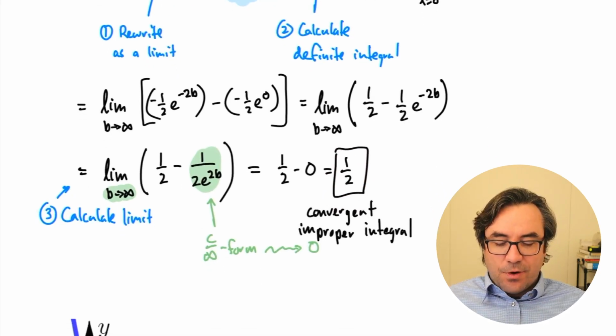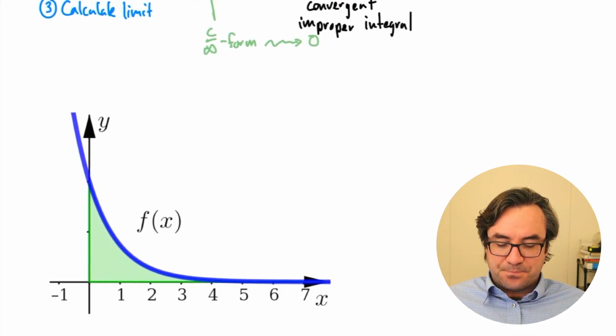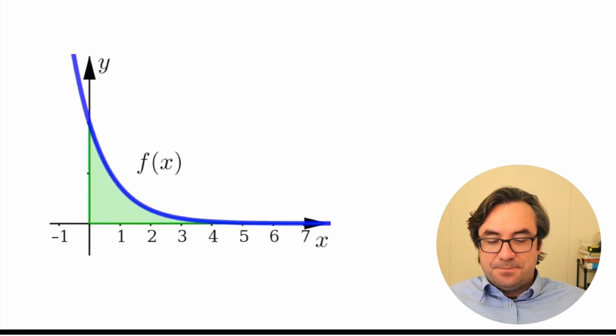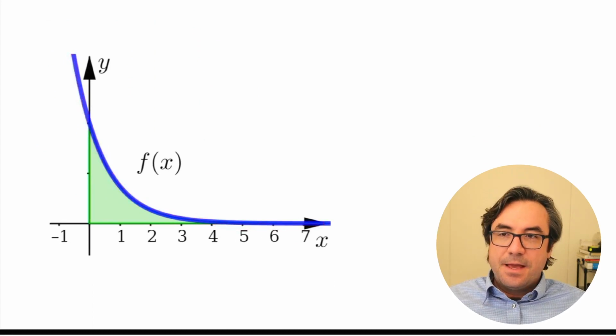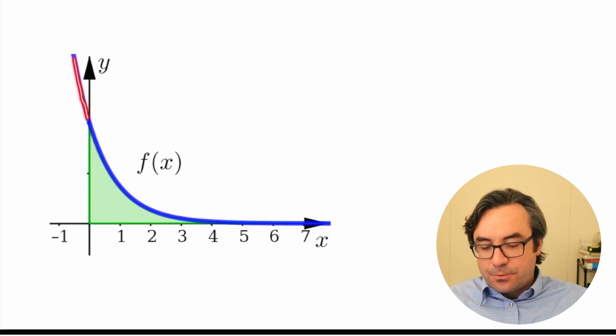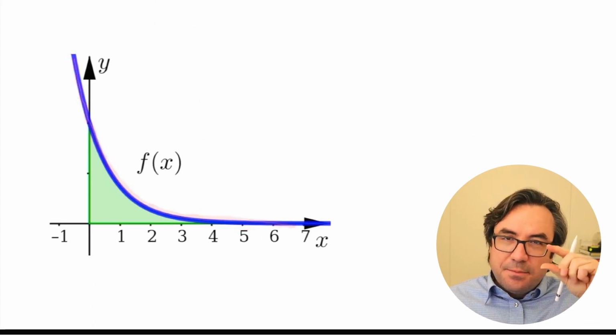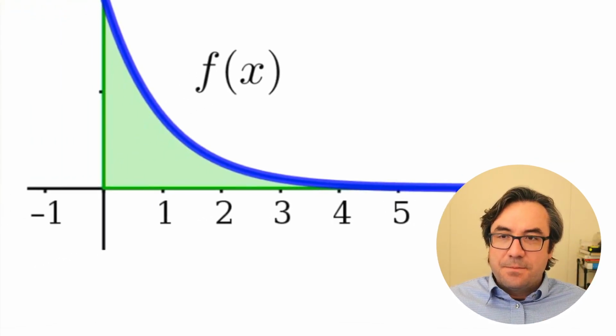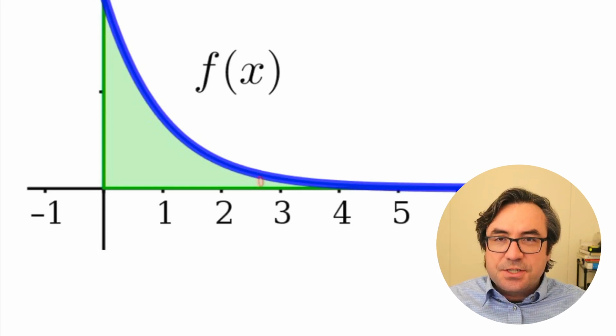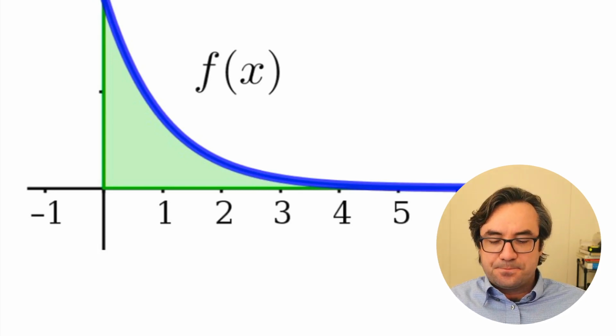So let's go down to the graph of our function. So here it is. This is the graph of e to the negative 2x. It gets really close to the x-axis, but it never touches. So if you could zoom in, I can only zoom in so far here, but if you could zoom in, you're always going to see just a small gap in between our curve and the x-axis there.